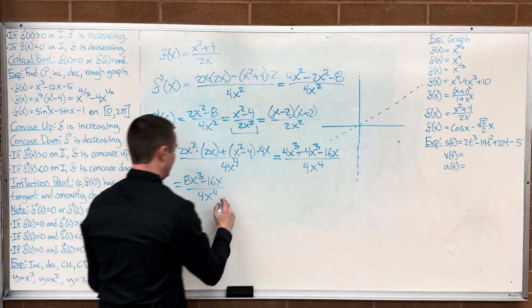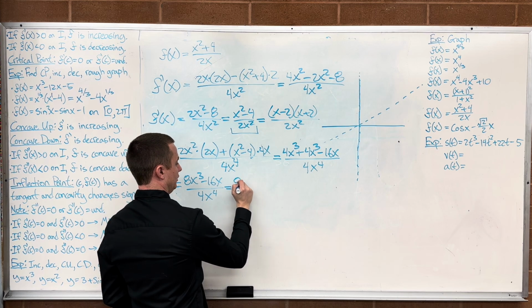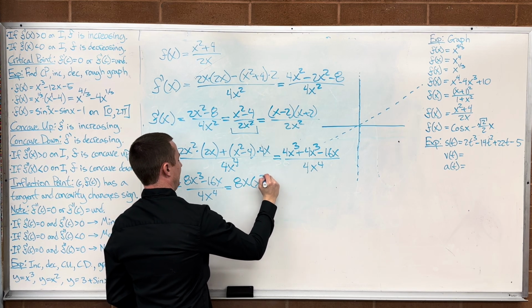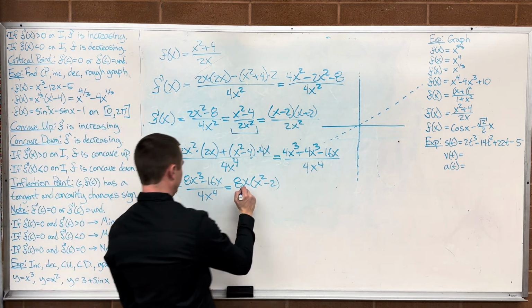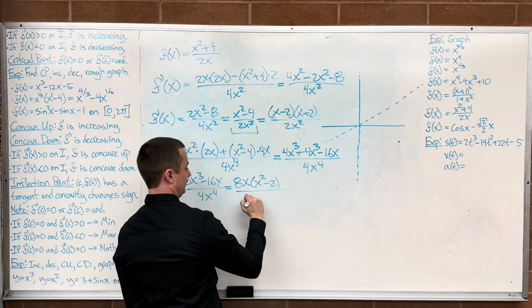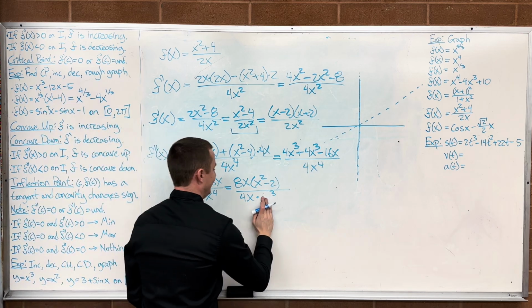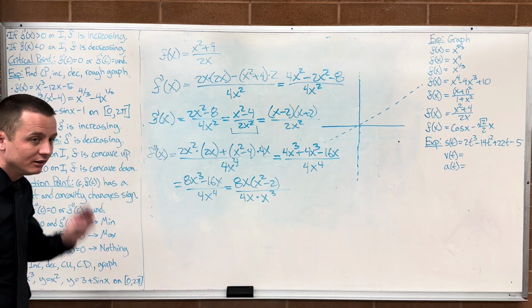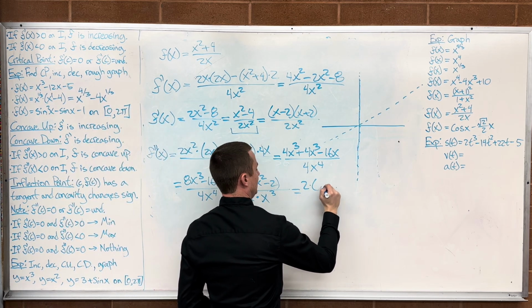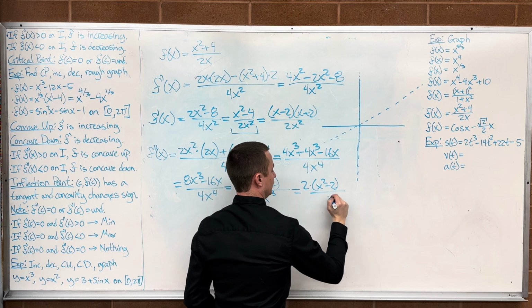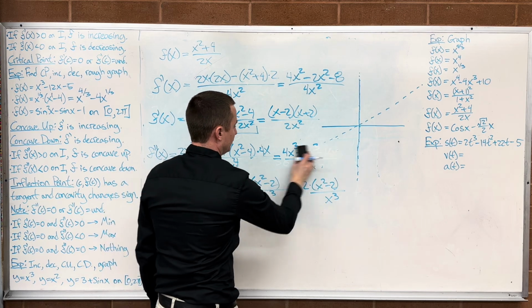Cancel out a 4 with everything. Well, maybe pull 8x out of those first. So I have 8x times x squared minus 2. Did I do that right? Okay. All over, and I'll rewrite this as 4x times x cubed. Now 4x cancels with the 8x, leaving 2 in the numerator. So this is going to be 2 times x squared minus 2 all over x cubed. Good? Okay.